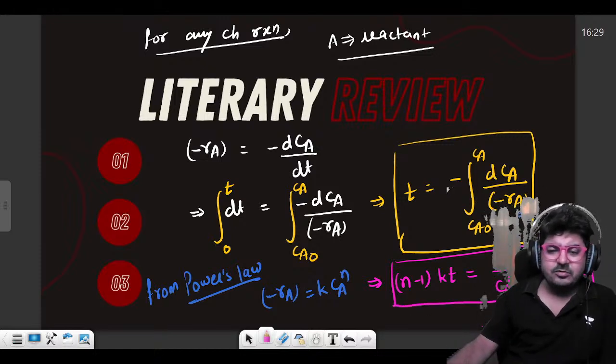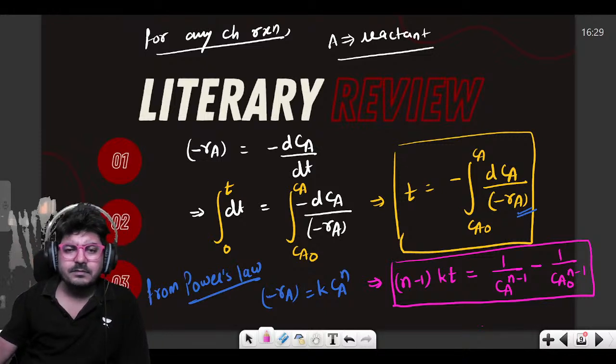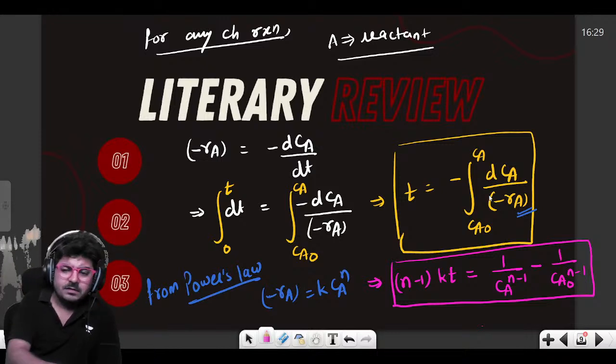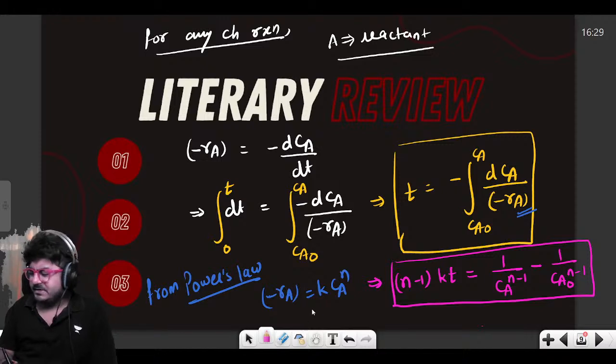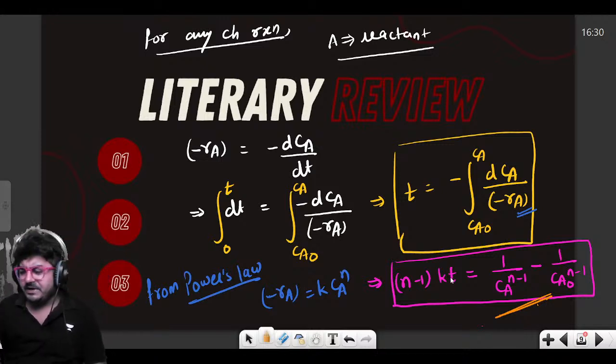This is the general equation for kinetic equations in CVRS.